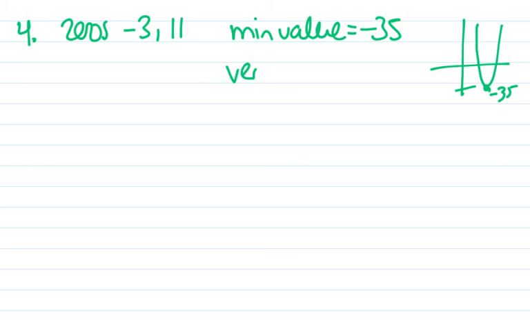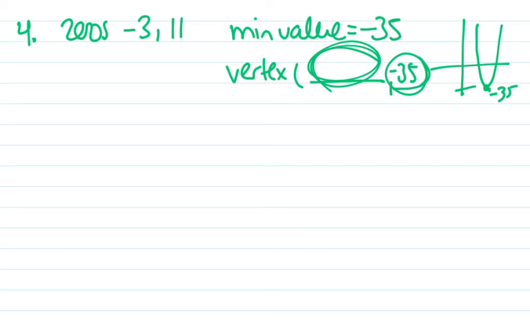So my vertex is going to be something comma negative 35. That negative 35 is the y-coordinate. Now, how can I find the x-coordinate? Well, the x-coordinate of the vertex is our axis of symmetry, and since I'm given the zeros, I can find the axis of symmetry.